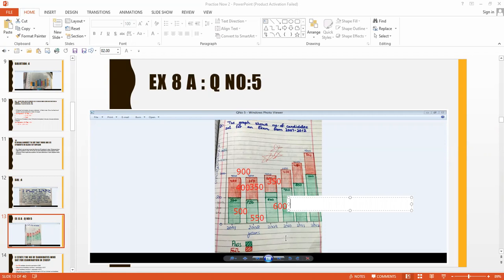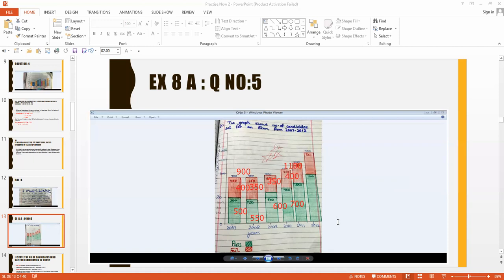In 2010, total pass students are 700 and the failed students are 400. So how many total students are there? They are 1100. From the book, you can see it easily. Clear?